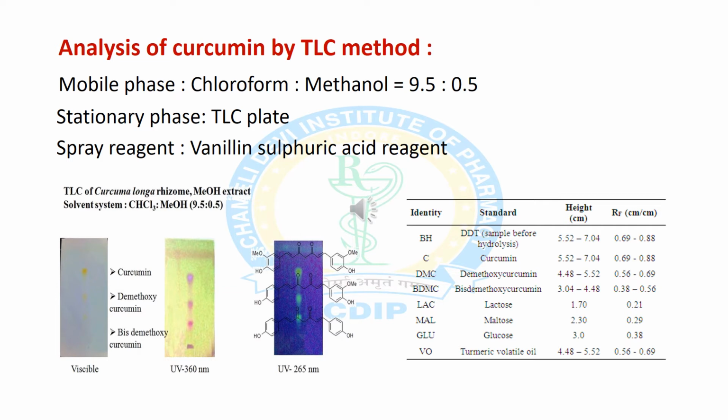We can observe different spots on the plate under UV light at 360 nanometer and 254 nanometer, and we can also detect spots with the vanillin sulfuric acid spray reagent. The Rf value of curcumin is 0.6 to 0.8.